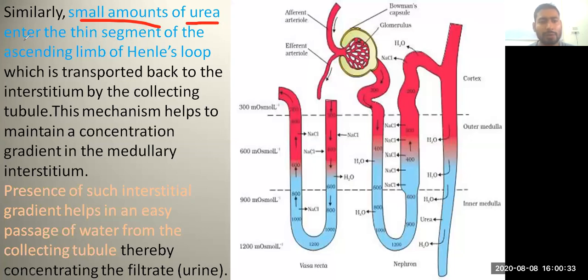So small amounts of urea enter the thin segment of the ascending limb of Henle's loop. You can see this is the ascending limb of Henle's loop, and here urea enters, because this is the collecting duct. These collecting ducts generally release urea, you can say this figure is showing the urea. This urea comes into the interstitial fluid and it further enters into the ascending limb of the loop of Henle.